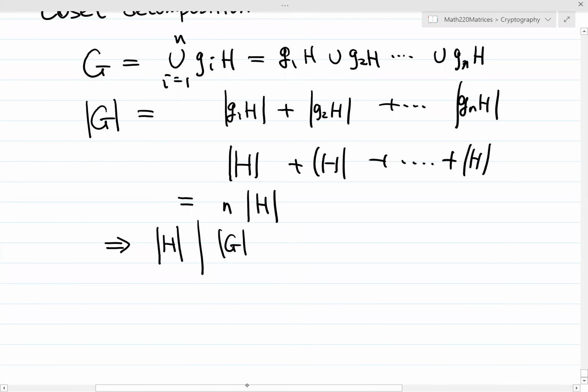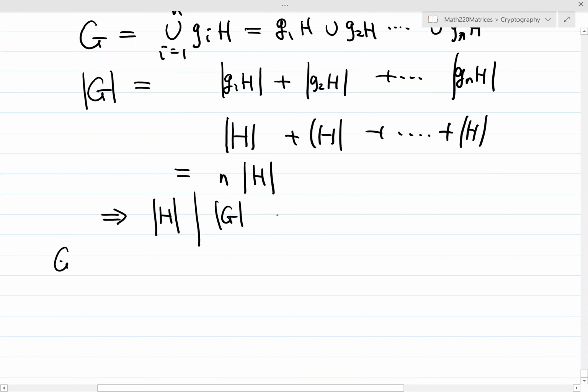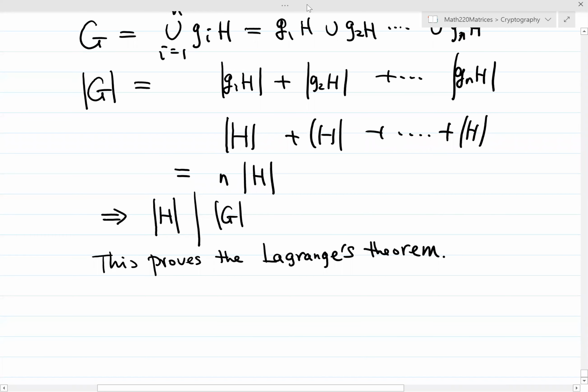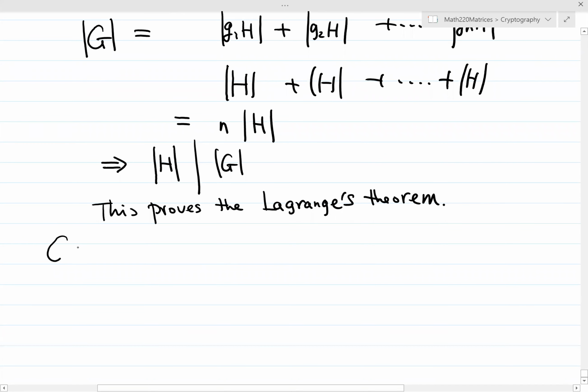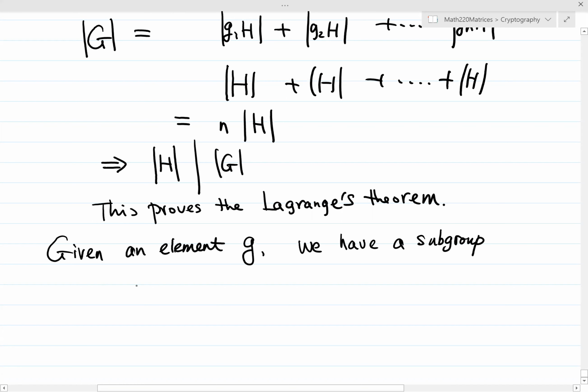So this proves the Lagrange theorem. Now, given an element g, we have a subgroup H generated by g.